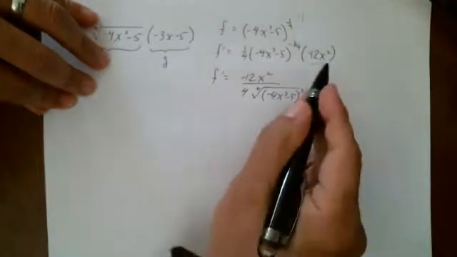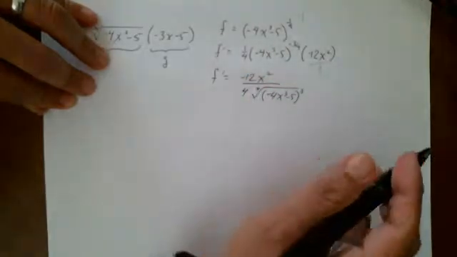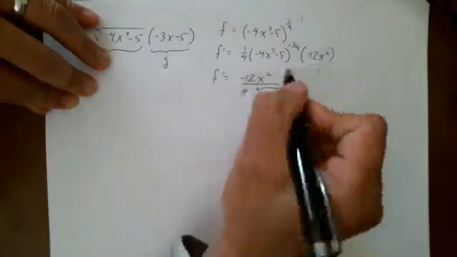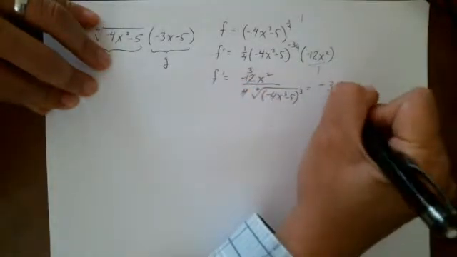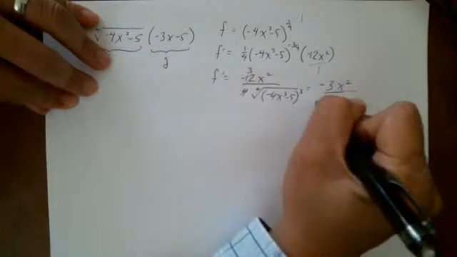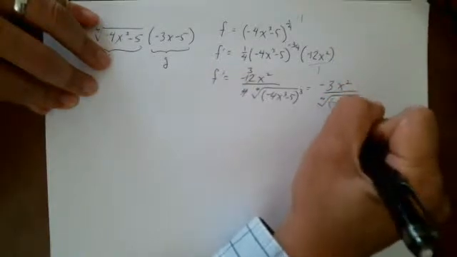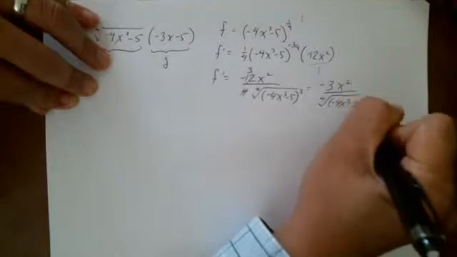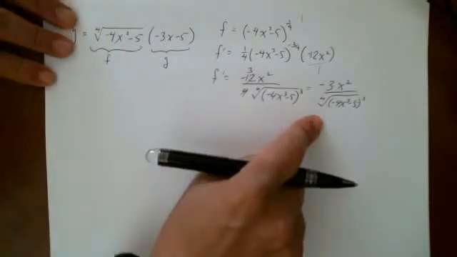That's going from exponential form into radical form by its very definition. Cancel these out, becomes a 3 right there. It becomes negative 3x squared all over the 4th root of (negative 4x cubed minus 5) to the 3rd power. Okay, so there it is right over there.